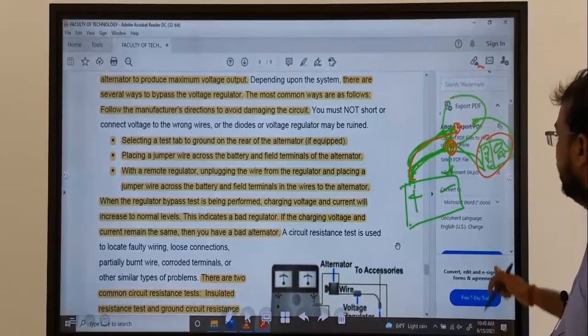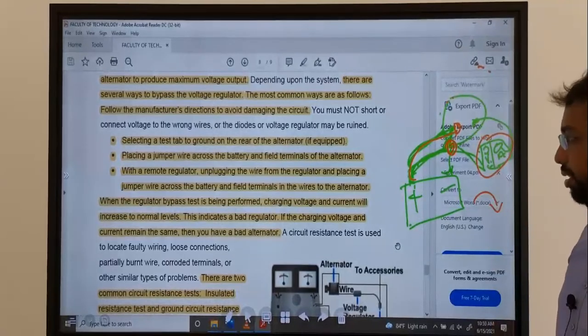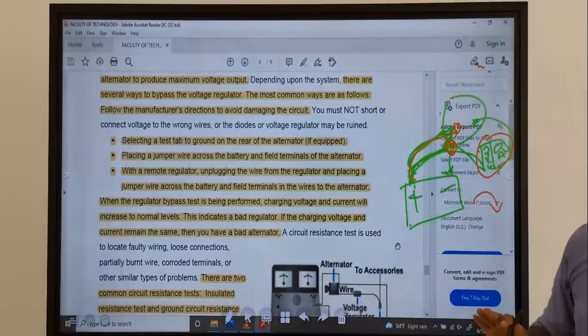We increase the engine speed. Normally the output increases in this alternator without the regulator. Excluding the regulator, if the alternator is working properly, we forget the regulator.